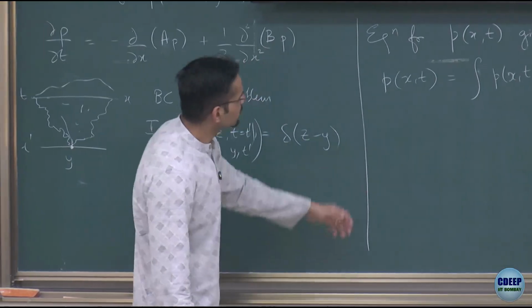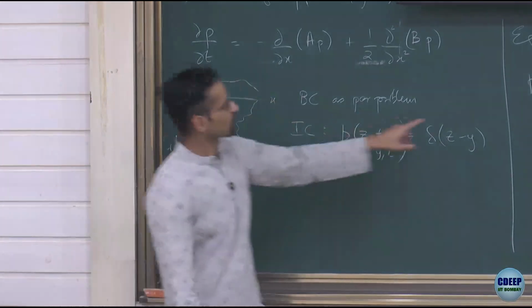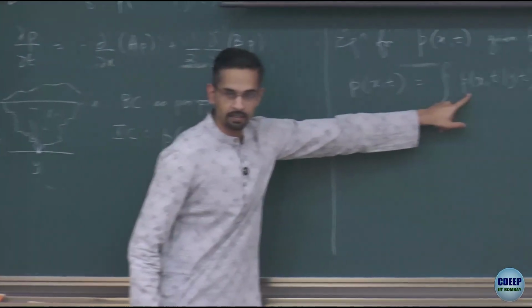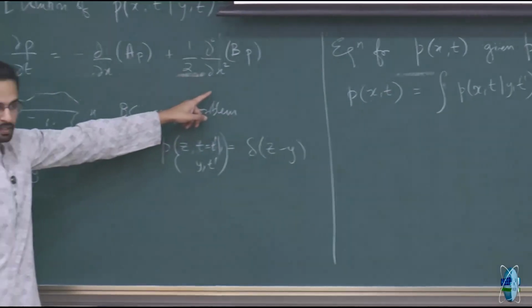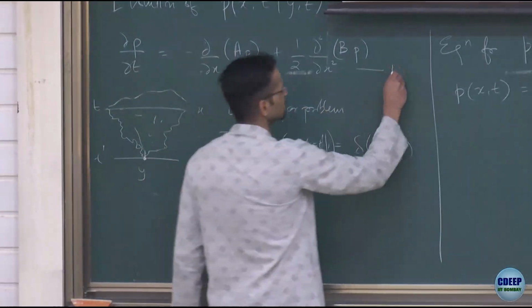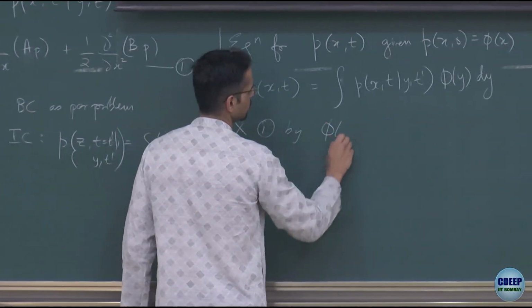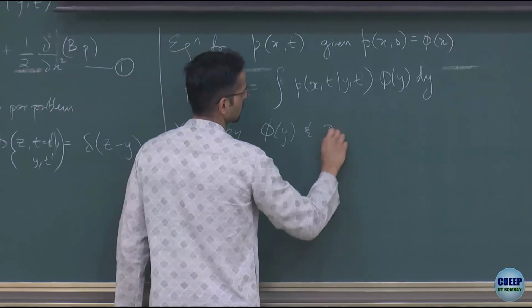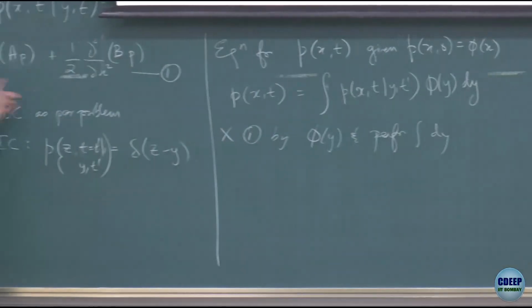And now you can see that that's going to be easy because all I need to do is, if I look at this equation, which is for this quantity, I can just multiply this equation throughout by phi of y. So let me call it 1. So I multiply 1 by phi of y, and I perform the integral dy, right? But y is an independent coordinate here.